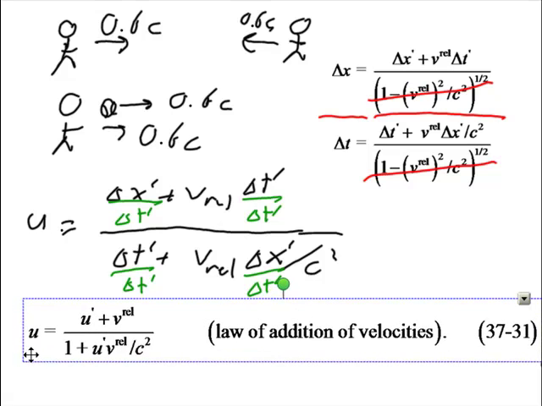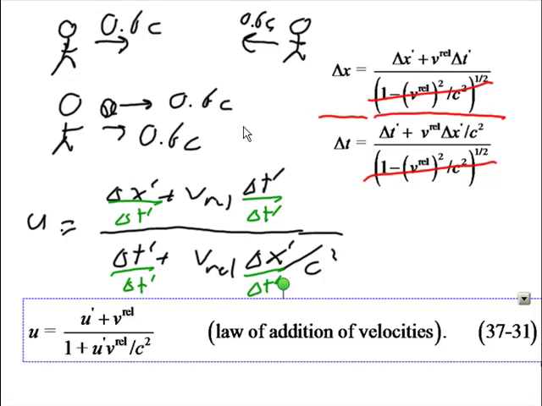Our new velocity is the old velocity, delta x primed over delta t primed. The delta t's cancel here, so it's plus the relative velocity. That's what we expect from Galilean transformation. But on the bottom now, I've got this 1 plus the old velocity, u primed, times the relative velocity over c squared. And this term here keeps us from ever getting an answer larger than the speed of light.